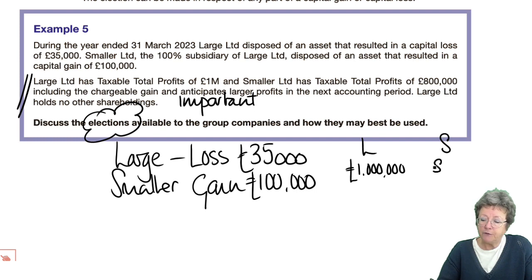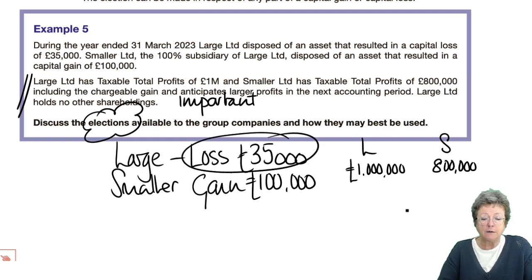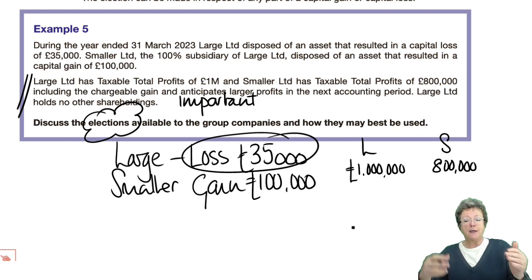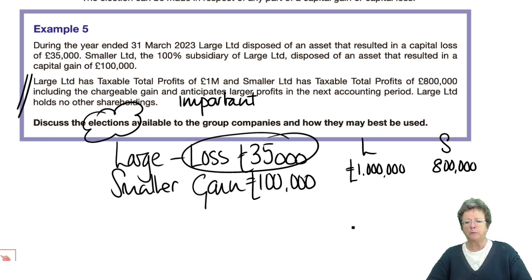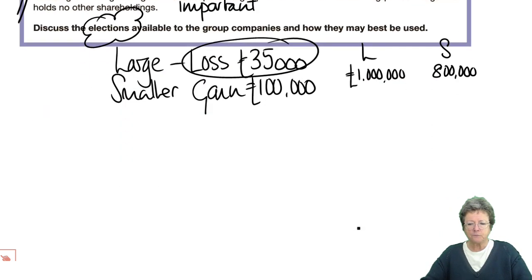Smaller has profits of 800,000, which doesn't include the loss. Now, if we put that over here, then we can bring them down below that limit, and therefore they won't have to pay by instalments, which means the cash flow will improve because we don't have to pay by instalments.